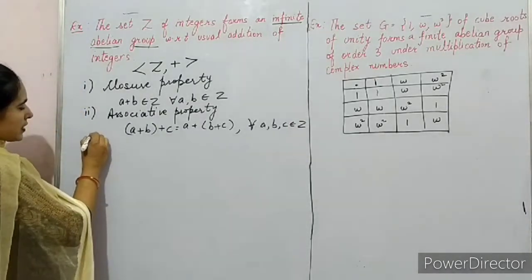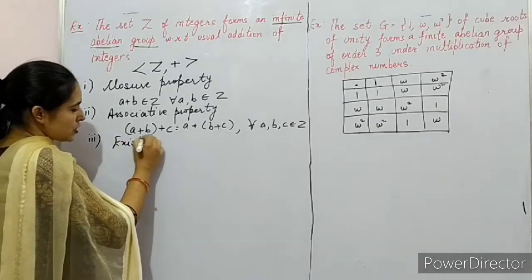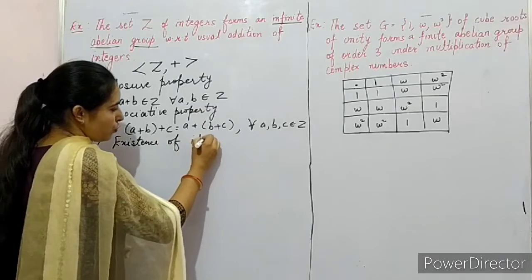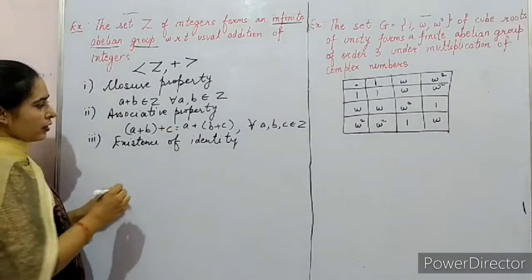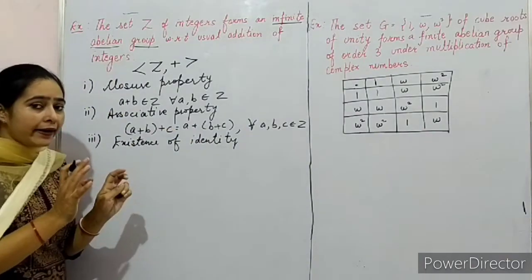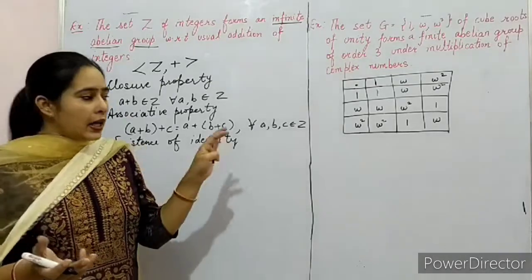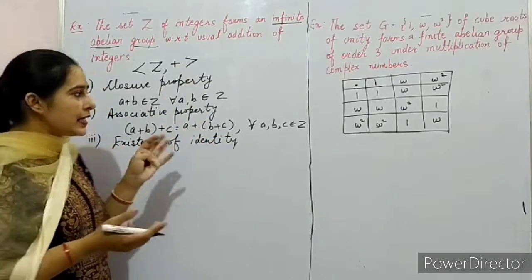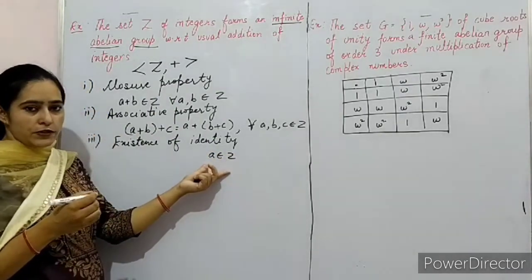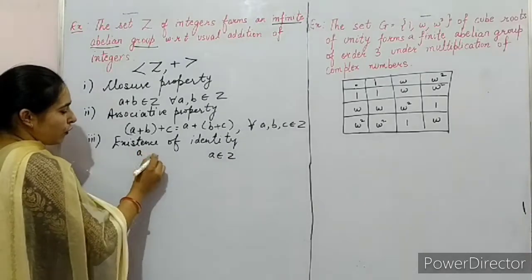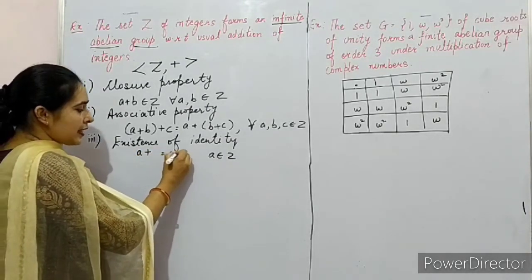Now, third one is existence of identity. We have to find the identity for this group. Now, what is the identity? Identity is that element that does not change the element of the group. Let's take a belongs to Z. a is any element of Z. Now we have to find the identity. What we should add here so that answer is again a?